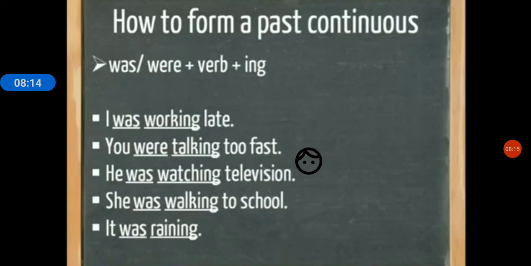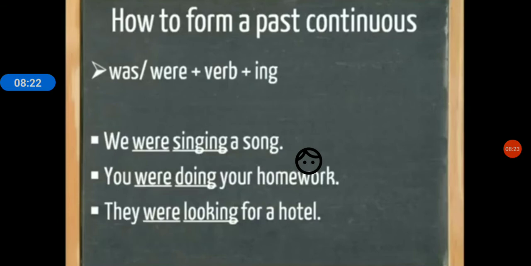He was watching television. She was walking to school. It was raining. We were singing a song. You were doing your homework. They were looking for a hotel. These are some examples of past continuous tense.